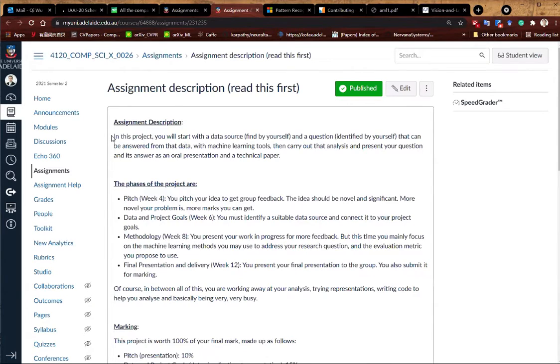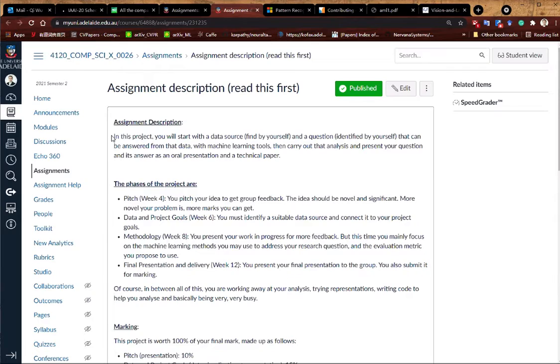But if you want to create your own data set, for example, if you want to solve an image classification problem, like a hand drawing problem, of course, there are already many existing handwriting data sets online. But if you really want to create that, that's okay, right? But it will take you a lot of time. Be careful of that.